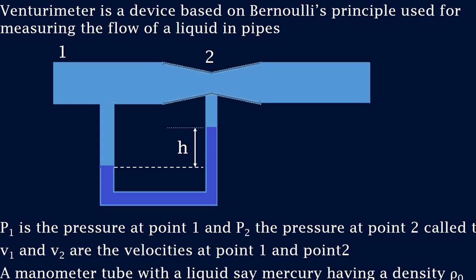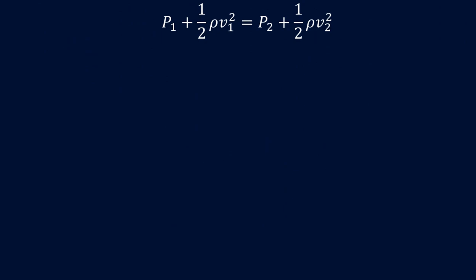Therefore, we can express the relationship between the pressure, density, and velocities using the equation P1 plus half rho V1 square is equal to P2 plus half rho V2 square. This equation captures the dynamic equilibrium between the kinetic and potential energy of a fluid as it navigates the Venturimeter.